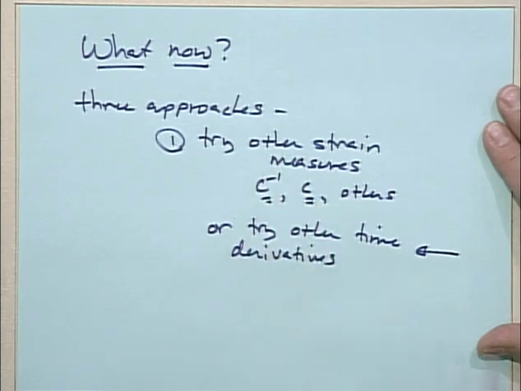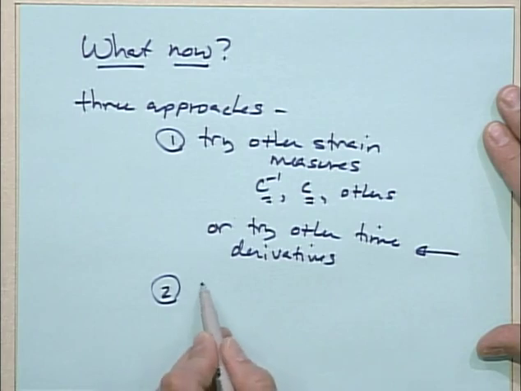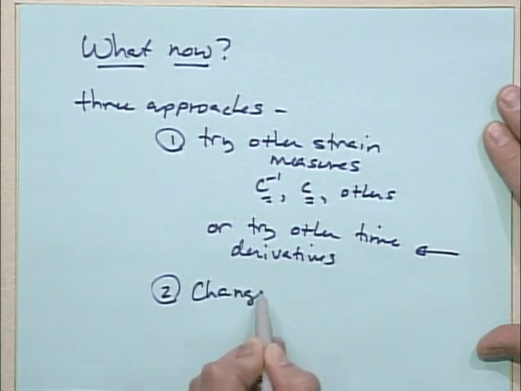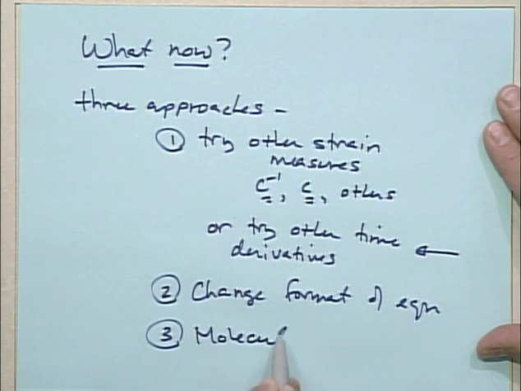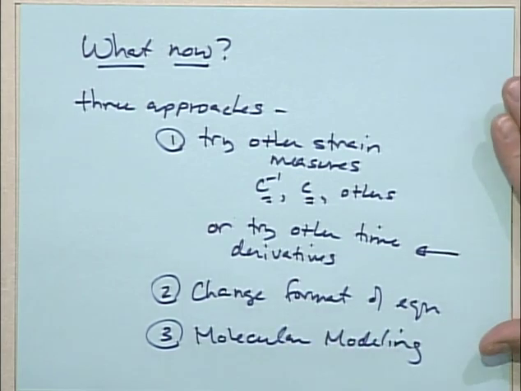So we can try other strain measures or other time derivatives. Second, we can change the format of the equation. And third, we can go to molecular modeling. And those are the things I'm going to talk about today.